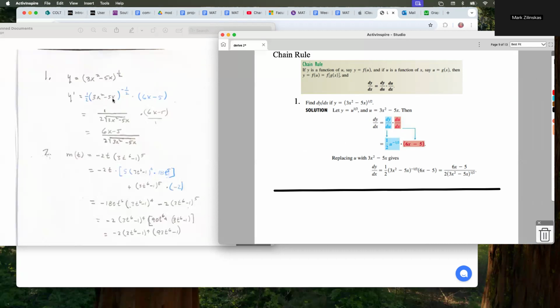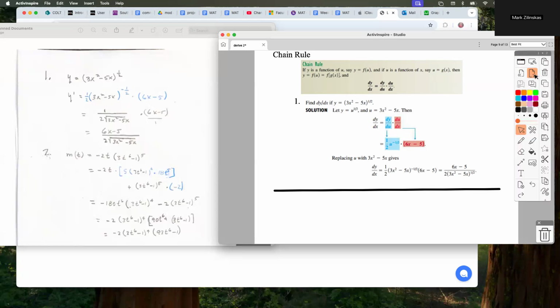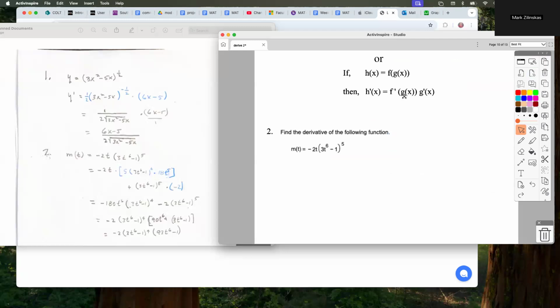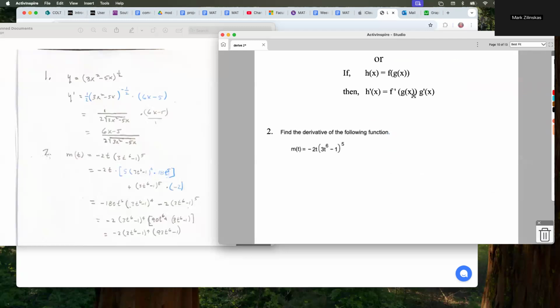So I write this without this filled in. I put that in blue, and then I fill in the parentheses where the x would be with the inner function, which is this polynomial. Then I'm going to multiply by the derivative of this inner function here, which is, again, just 6x minus 5. So I'm using this technique here. It's just a different way of looking at it, different notation.